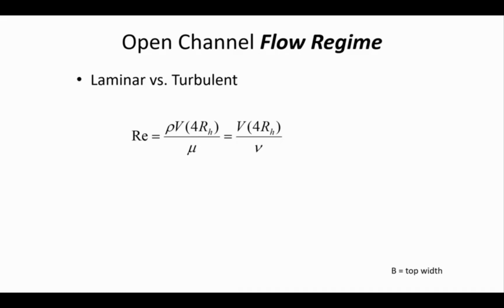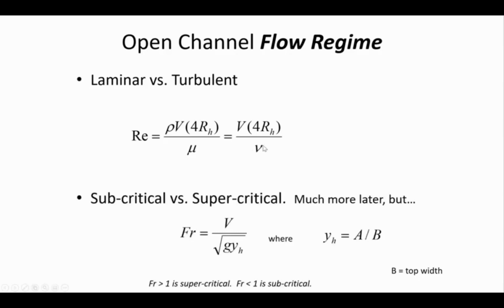You may remember that we had a lecture earlier this semester, class number 8, about how to apply non-circular conduits into formulas where normally we would use the diameter. If you have a channel that doesn't have a diameter, you can use 4 times the hydraulic radius in its place. So you can calculate the Reynolds number, and if it is above 4,000, then that's turbulent flow. So velocity times 4 times the hydraulic radius divided by kinematic viscosity would be the Reynolds number.